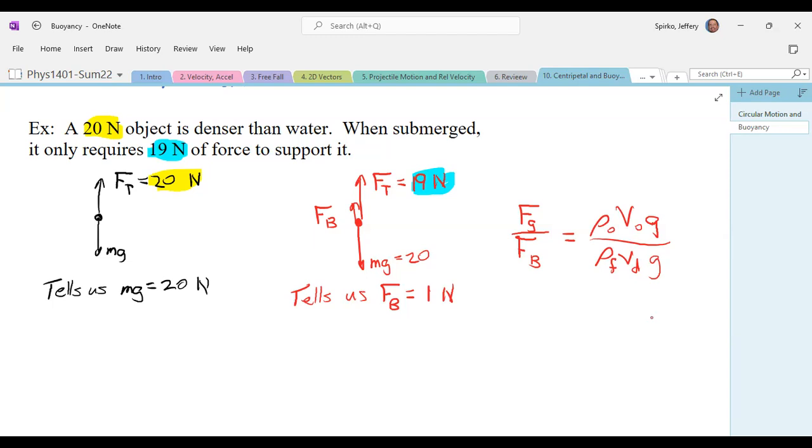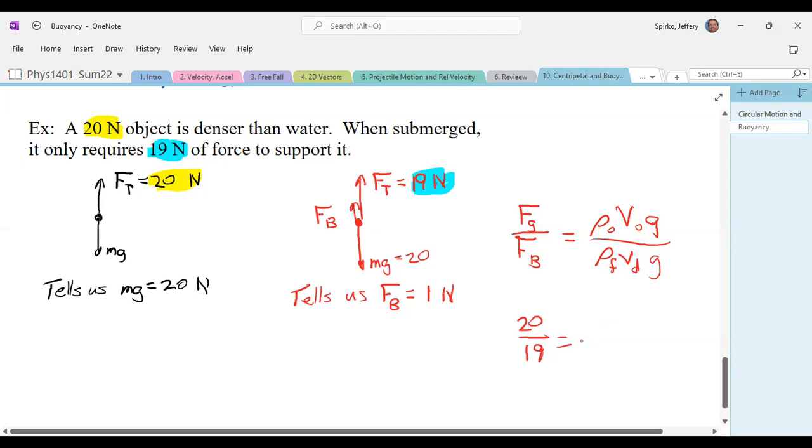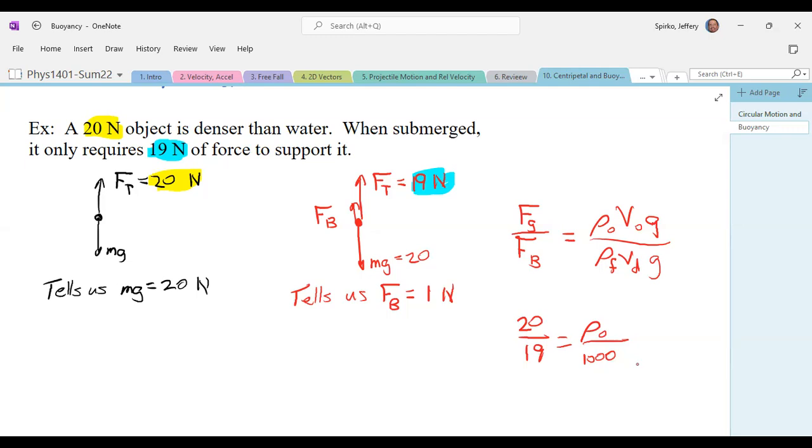And when I do this, this is how it's going to work out. Now I can start filling things in. 20 over 19 is equal to density of the object over 1,000. All of a sudden, I have an equation that I can solve for the density of my object.